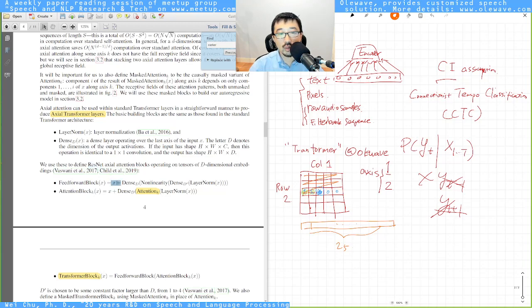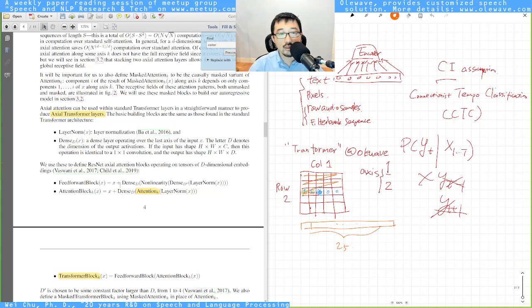So the input X goes to the output, plus you first layer norm the X, then pass through a dense layer, nonlinearity, then dense layer again. I think it's trivial, it's standard.